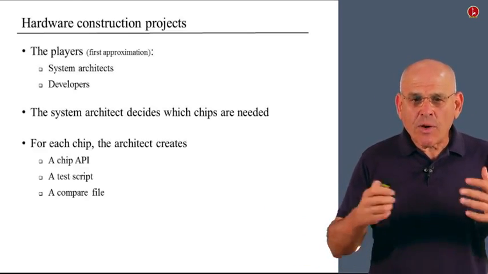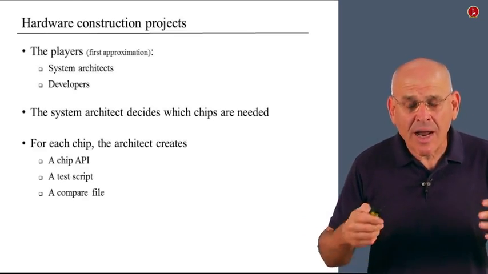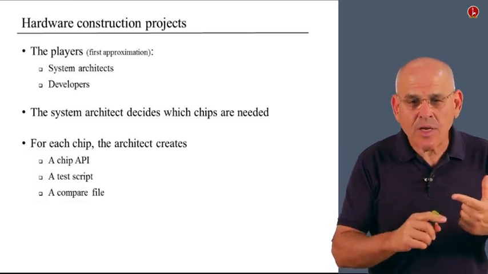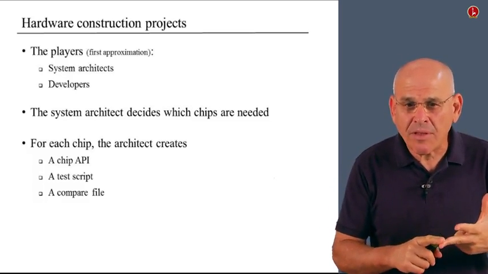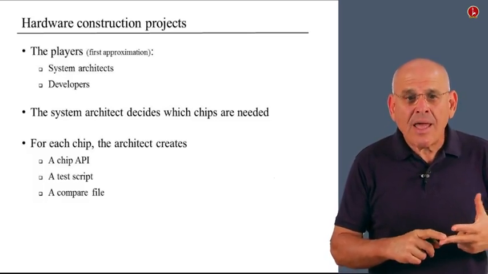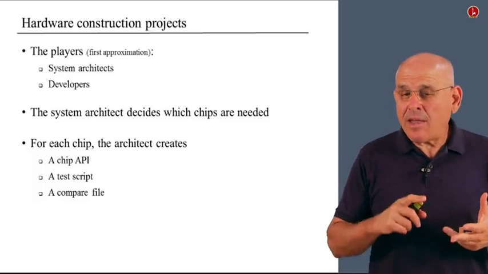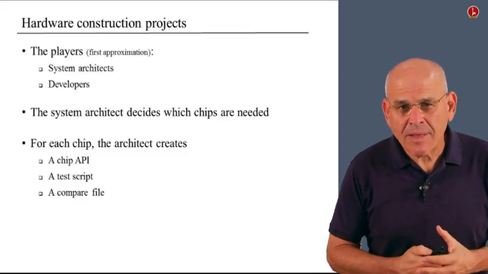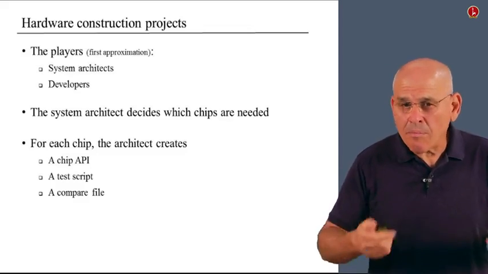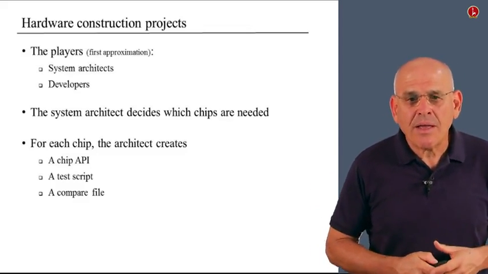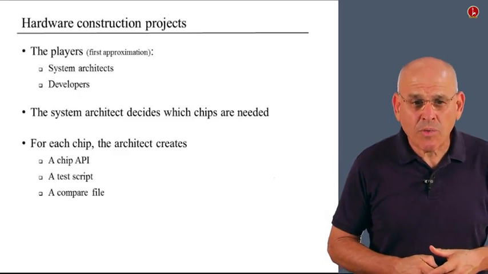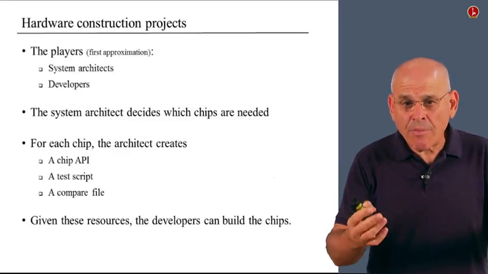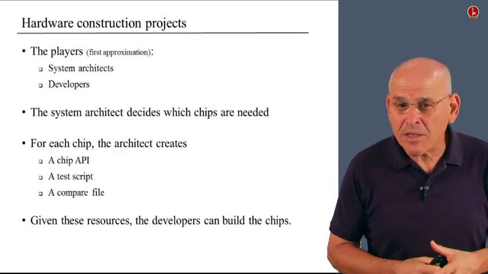And then for each one of these chips, the architect creates a chip API, which consists of the name of the chip, the names of its input and output pins, a test script, and a compare file. All these things are prepared by the system architect, who may or may not have some people to help him or her in his work. And finally, given these resources, the developers can actually go out and build the chip.